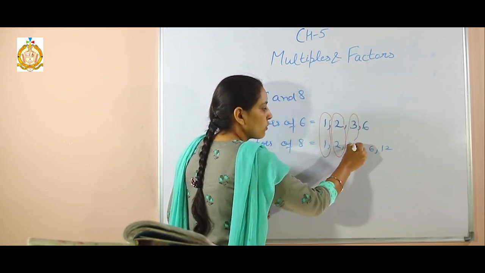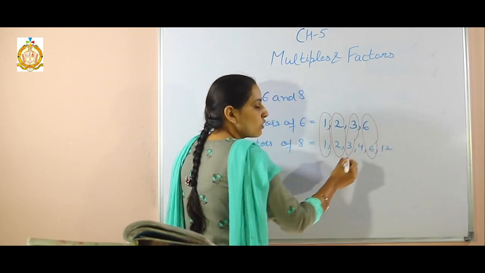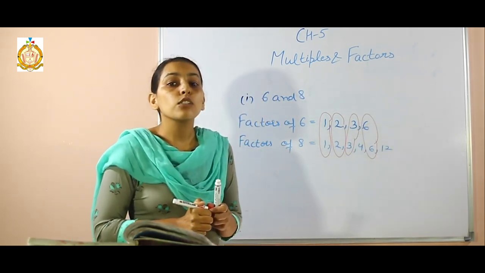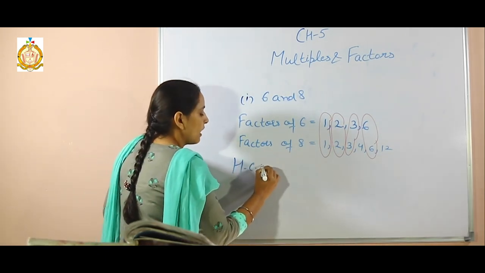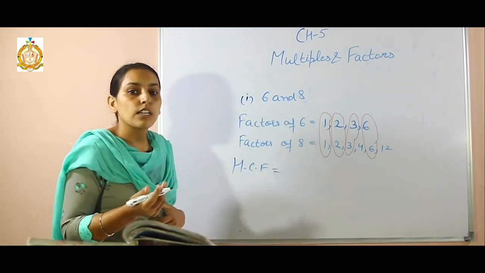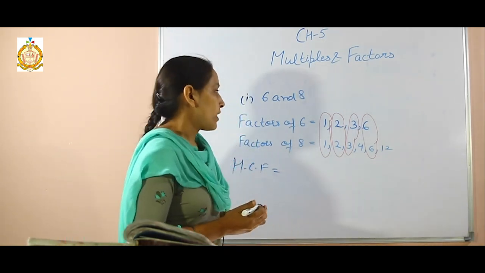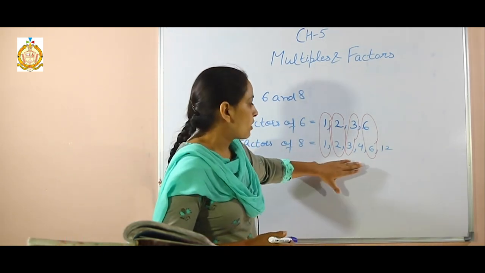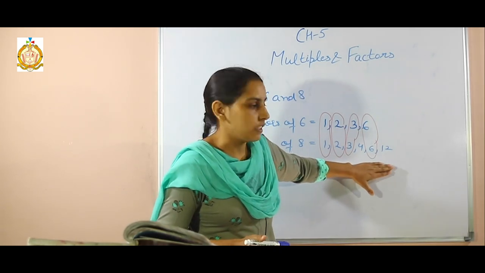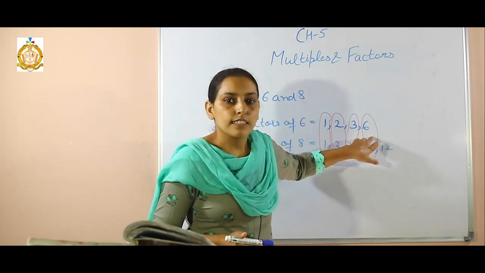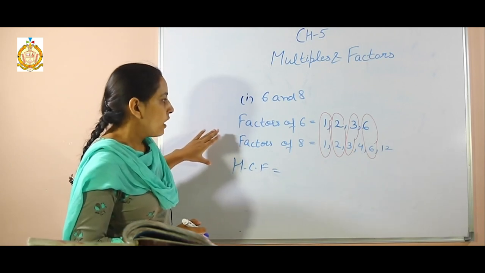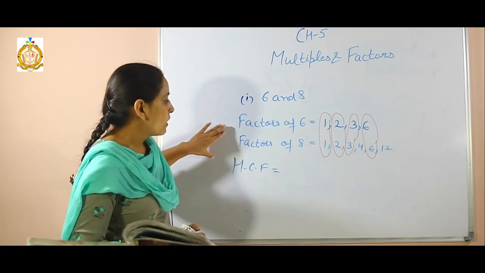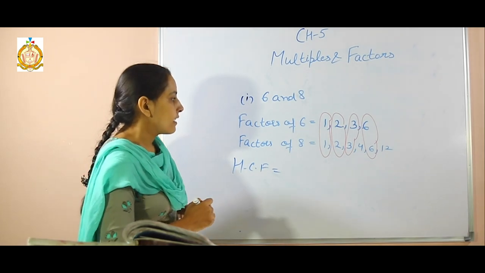Students, here you have to find out the HCF. HCF means highest common factor, and the highest common factor is 2. So the HCF of 6 and 8 is 2.